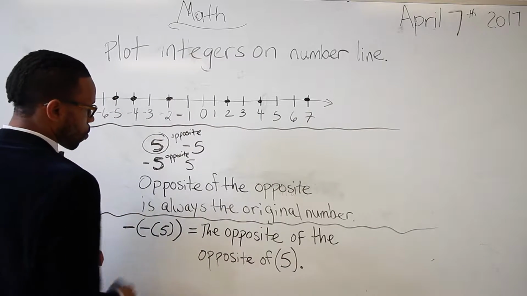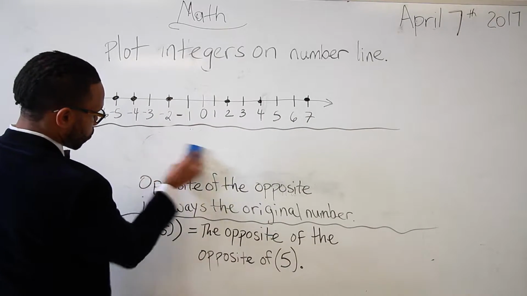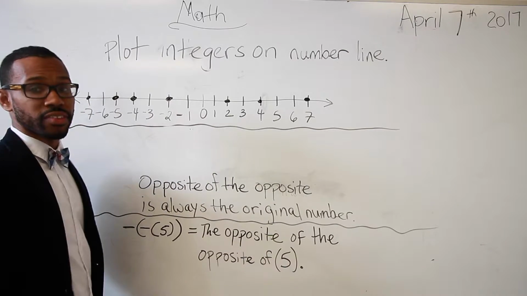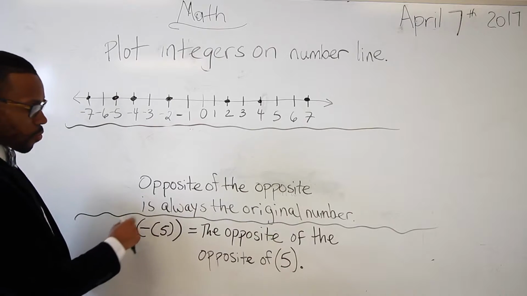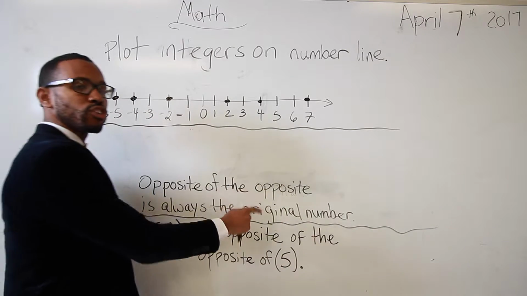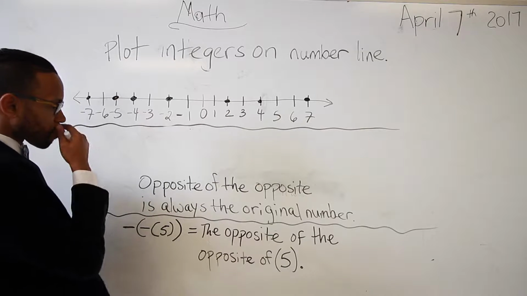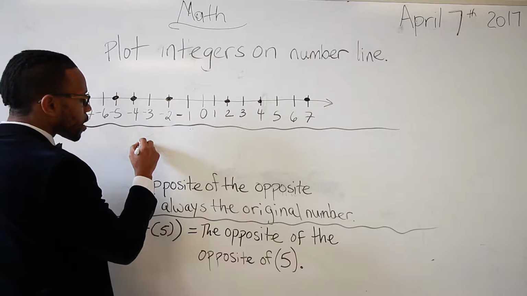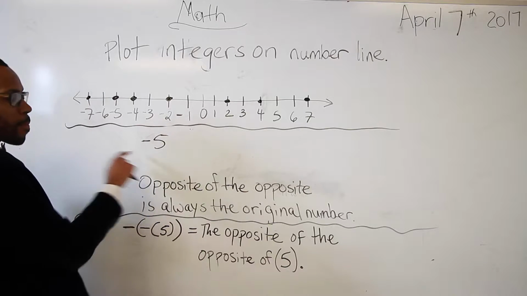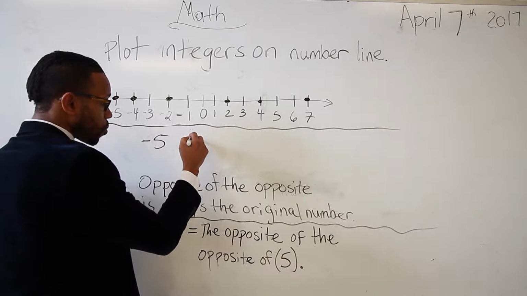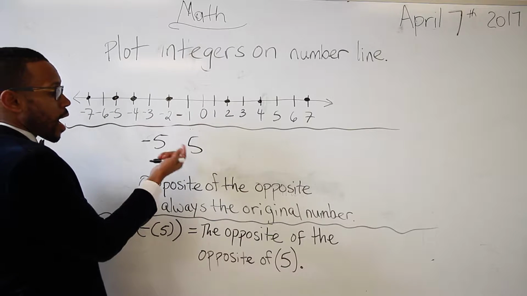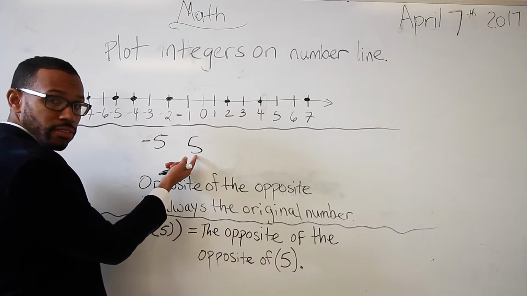So now I'm just going to erase this here, and let's go over the opposite of the opposite. Now we have a rule here that we went over in class. The opposite of the opposite is always the original number. So what does that mean? Well, as I had here before, I had -5, right? What would be the opposite of -5? We know it would be 5. What would be the opposite of 5?